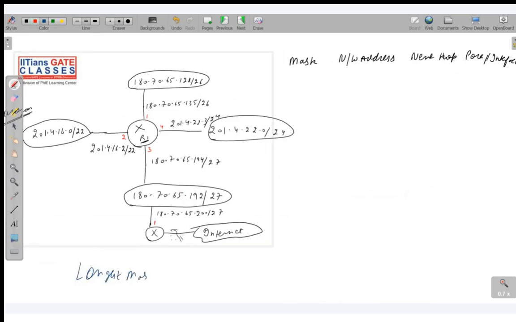That is the basic rule which you have to follow. Longest mask matching means keep the net mask in decreasing order. So what is the largest net mask? Slash 27. So first of all, I will keep slash 27.